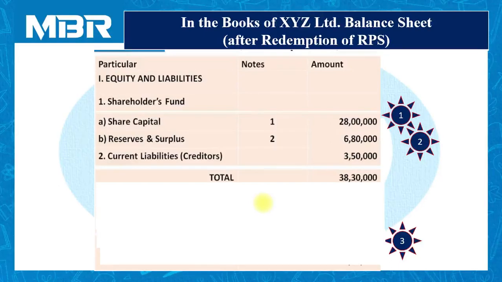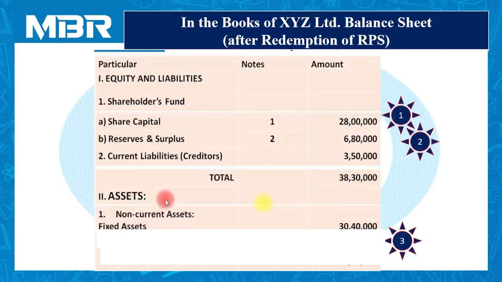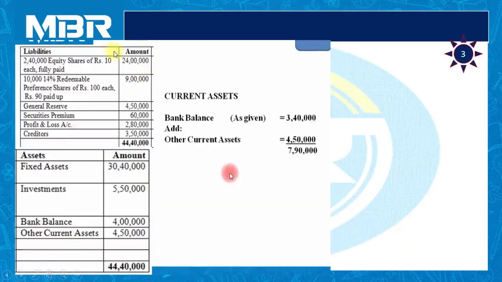Now let us move to the second part of the balance sheet. The second part of the vertical balance sheet is assets. Here we have to insert a figure of non-current assets. Non-current assets means fixed assets. Check the asset side of the balance sheet.